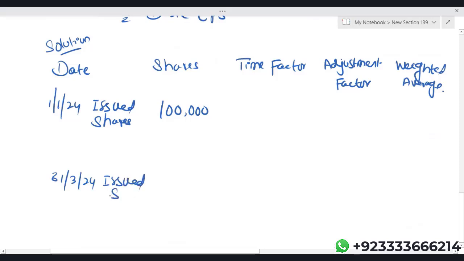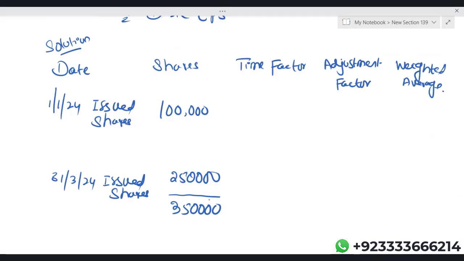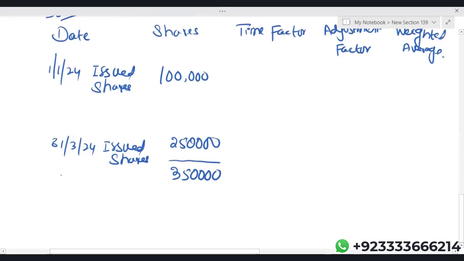It means in March, the total number of shares will become 350,000, because before March, the company had already issued 100,000 shares and in March issued 250,000. So on 31st March 24, the company will have a total of 350,000 shares.